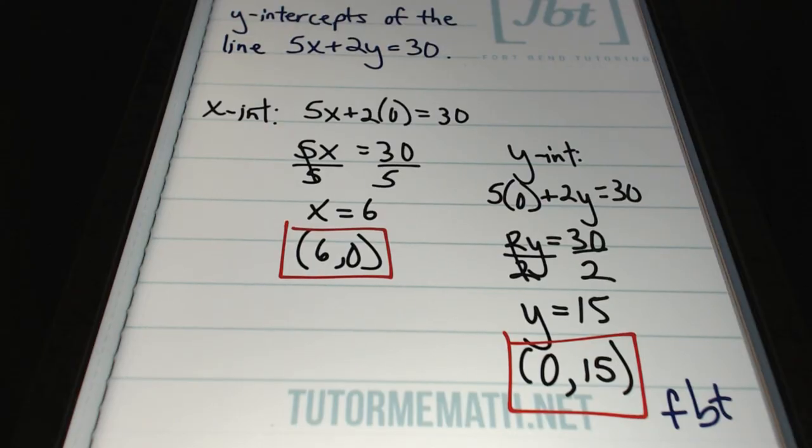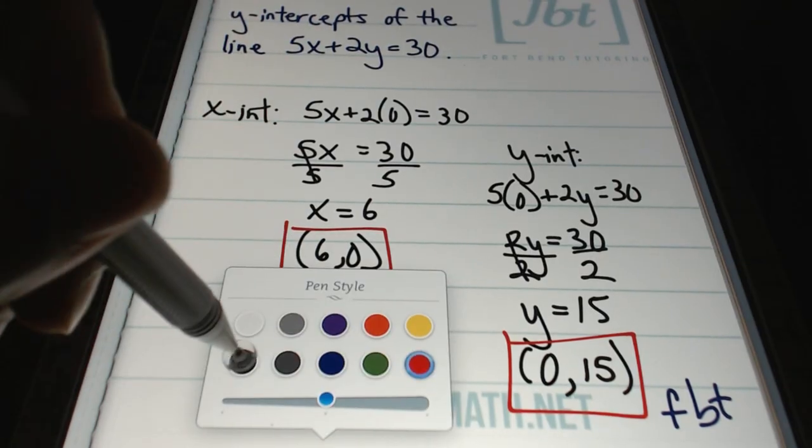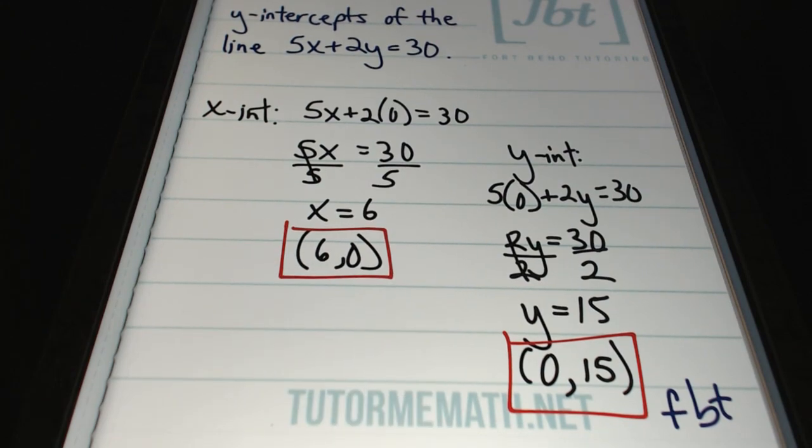Most of the time when you're given these x-intercept and y-intercept problems, guys, you need to be prepared to present your answer as an ordered pair, as you would find it on the rectangular coordinate system. Depending on the author, they may just say that it's 6 or 15. But most of the time, they'll want you to write it as an ordered pair.